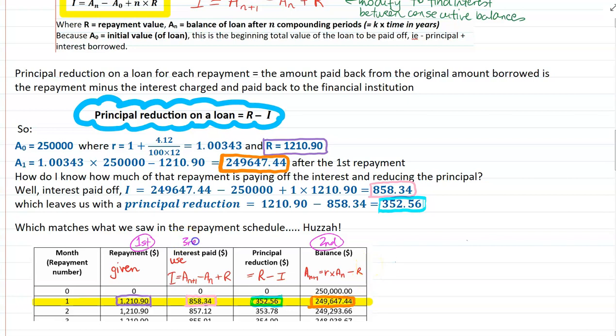The third thing I would work out is the interest paid. And remember, that's just taking the difference between the two balances and adding on the repayment amount. And then lastly, I would work out the principal reduction, which is simply the repayment amount minus the interest that you've paid back the financial institution for that particular repayment period.